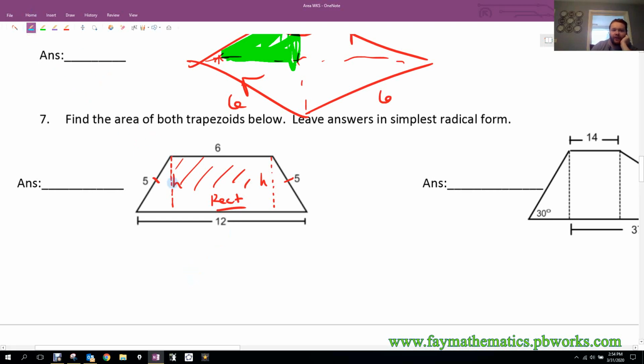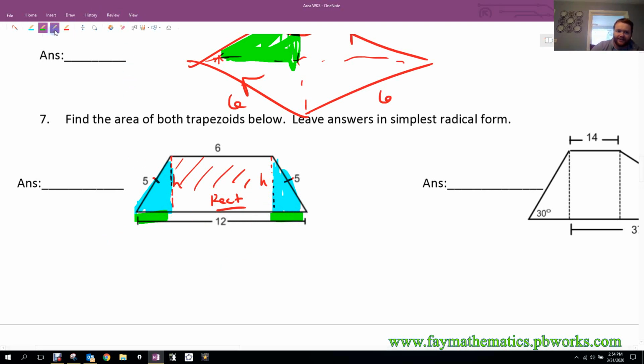So if that's a rectangle and it's an isosceles trapezoid, that triangle there and that triangle there are the same. They're congruent. So knowing that this is a rectangle and knowing that these two blue triangles are congruent, you should be able to find maybe that green distance.